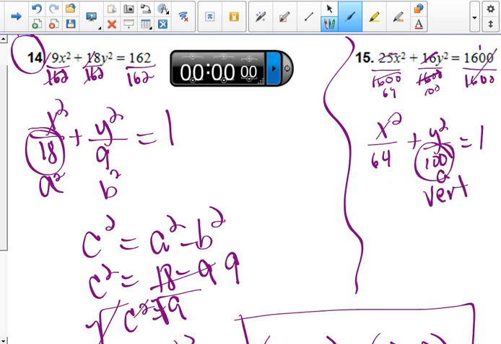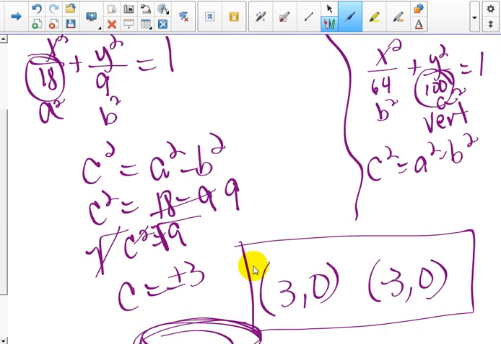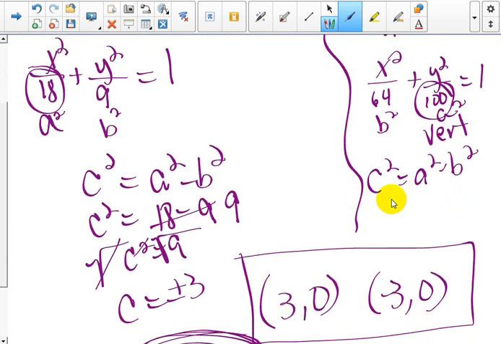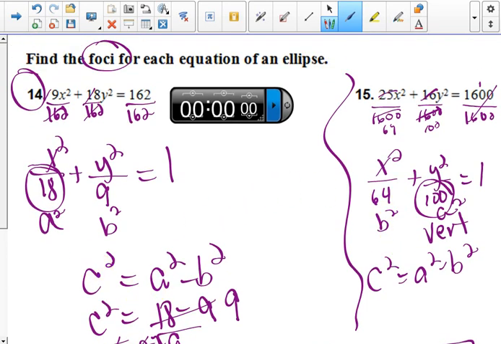That means this is my A squared, and that's my B squared. Right? So plug it into your equation. C squared equals A squared minus B squared, and solve for C, and tell me your foci.